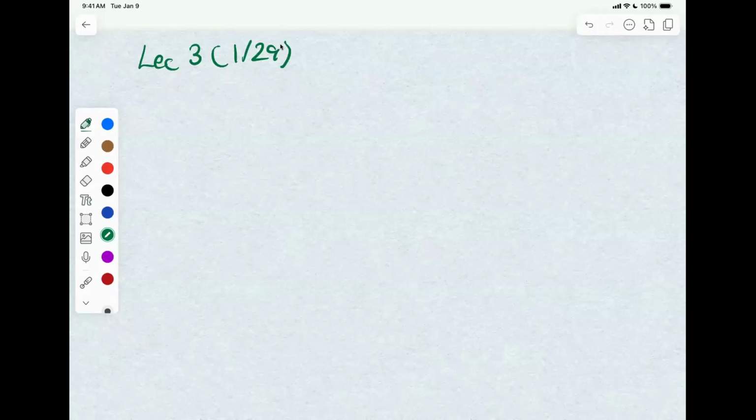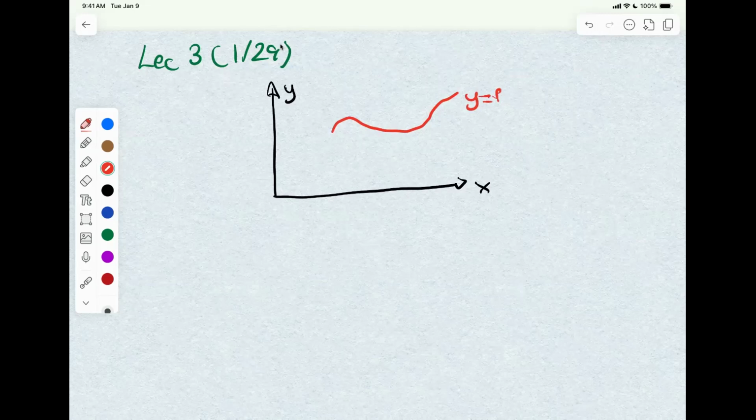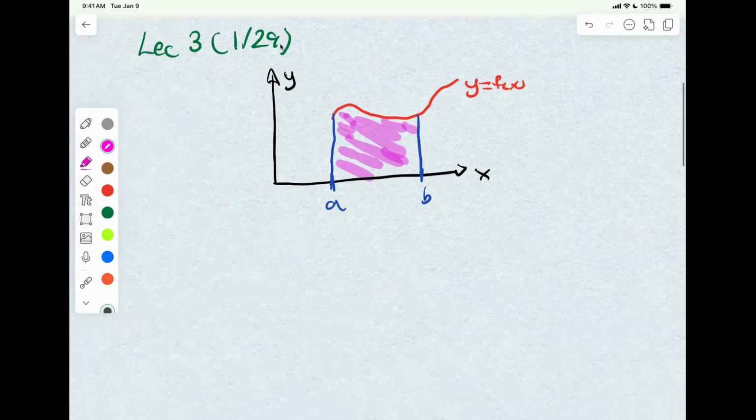So the idea is that for the bounds, and I'll do some examples in a moment, if you had the graph of the function between some values, they don't have to start at zero necessarily. So maybe here is A and this is B. This is the area on the XY plane, the thing that you start rotating about the Y axis.